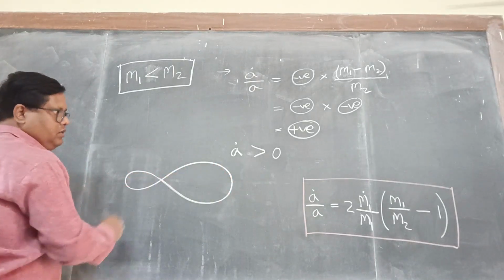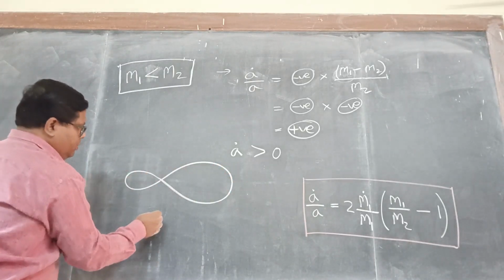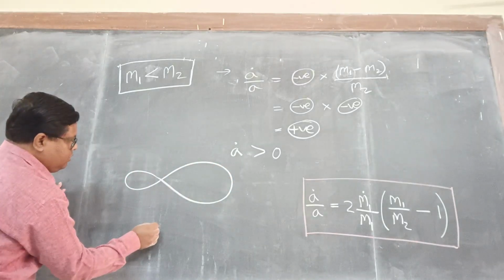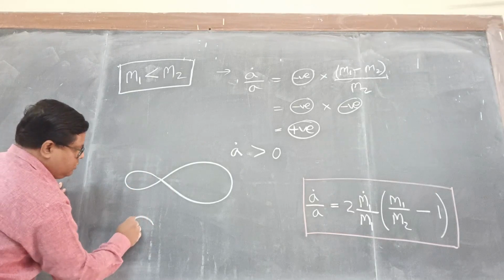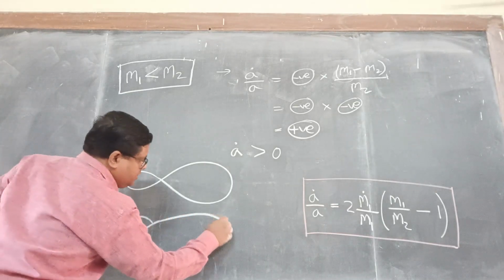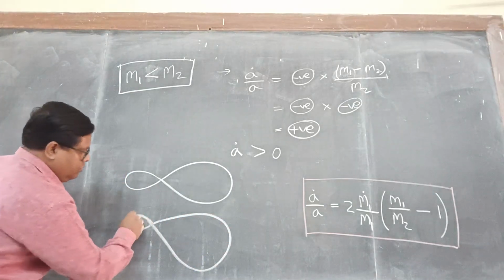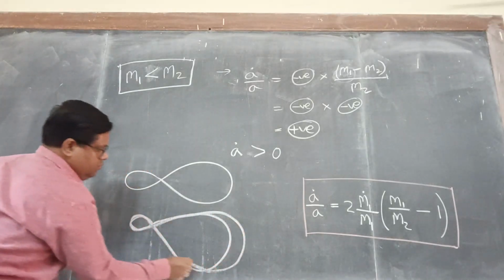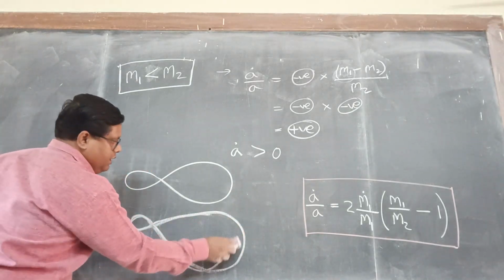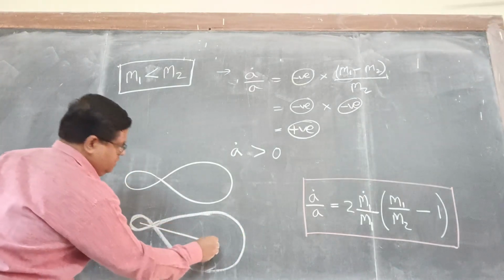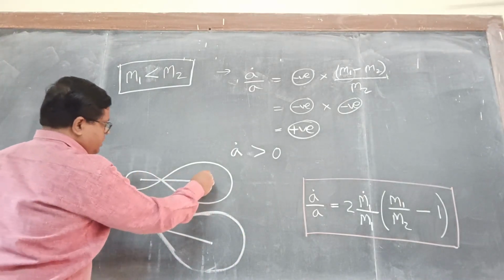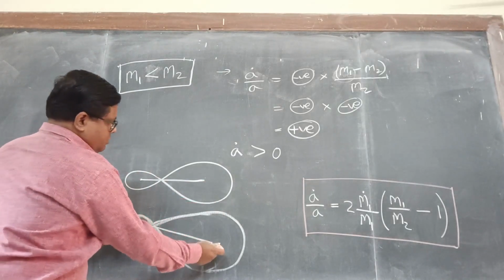If this is the one which is donating, M1, then what will happen with time is that overall this one will become smaller, but this one will become even more, and overall the distance will be larger than this one.